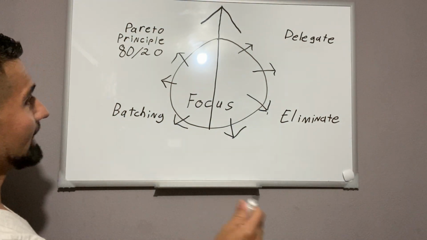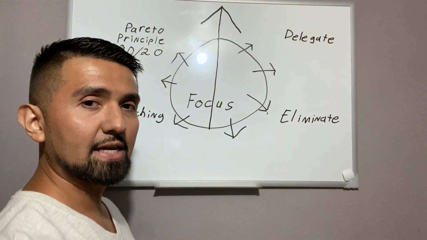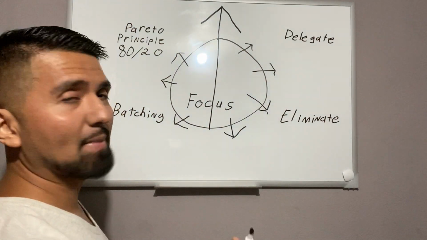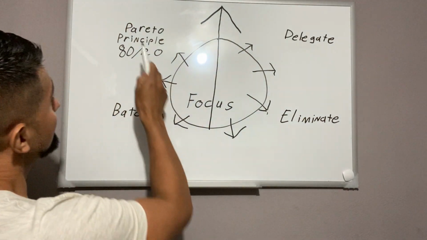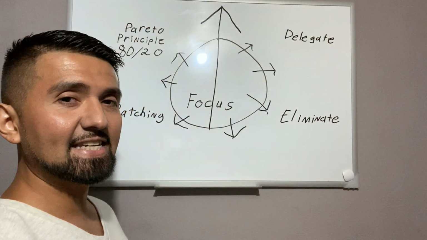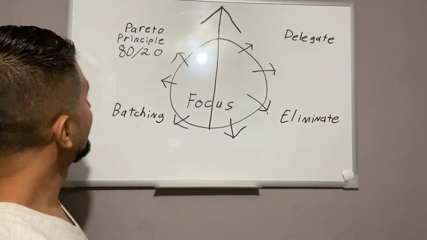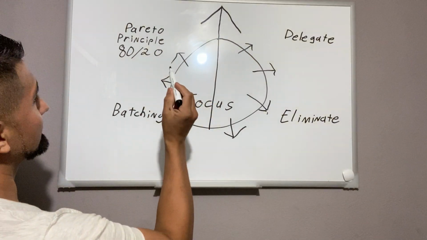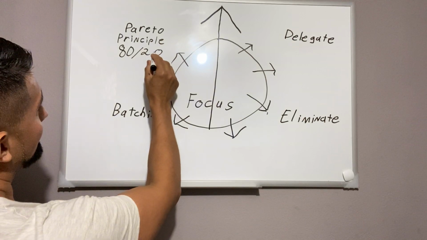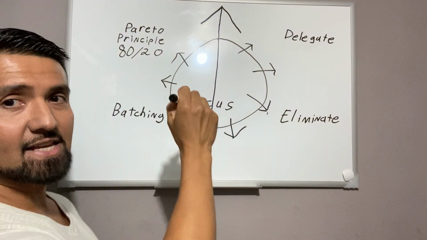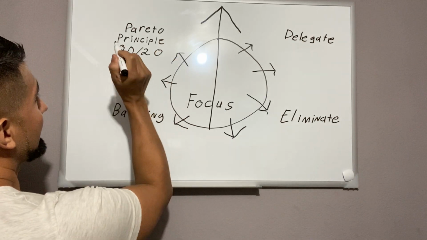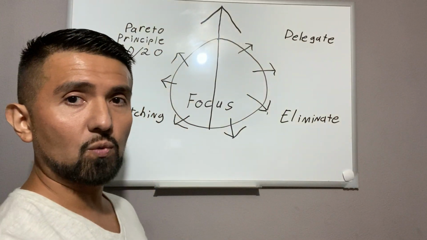What I try to implement in my productivity and focus is to remind myself of the Pareto principle, which many of us know as the 80-20 rule. That's basically focusing on the 20% of things, tasks, and activities that yield 80% of the results.